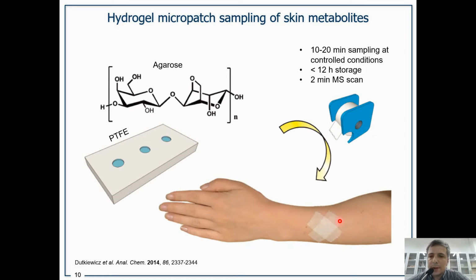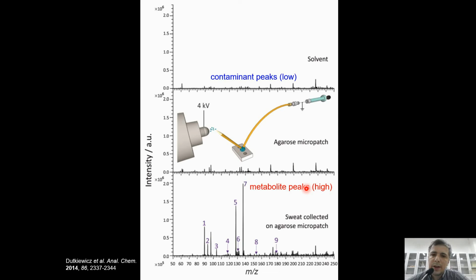And we focus on mass spectrometry, and a few years ago we developed also a method for sampling traces of skin metabolites into a hydrogel matrix. So this method uses small probes made of inert polymer, and these probes have cavities which are loaded with agarose hydrogel. Those probes are affixed onto the surface of skin, and metabolites present on the skin are transferred to the hydrogel.